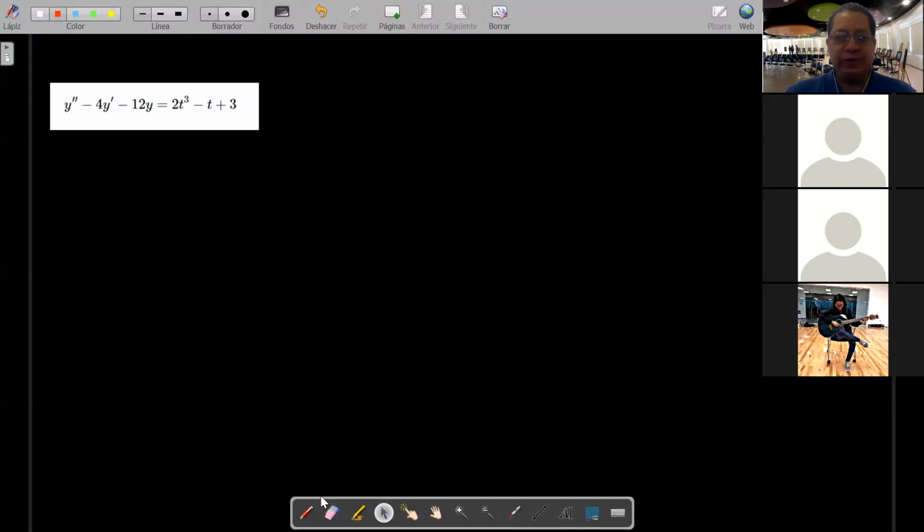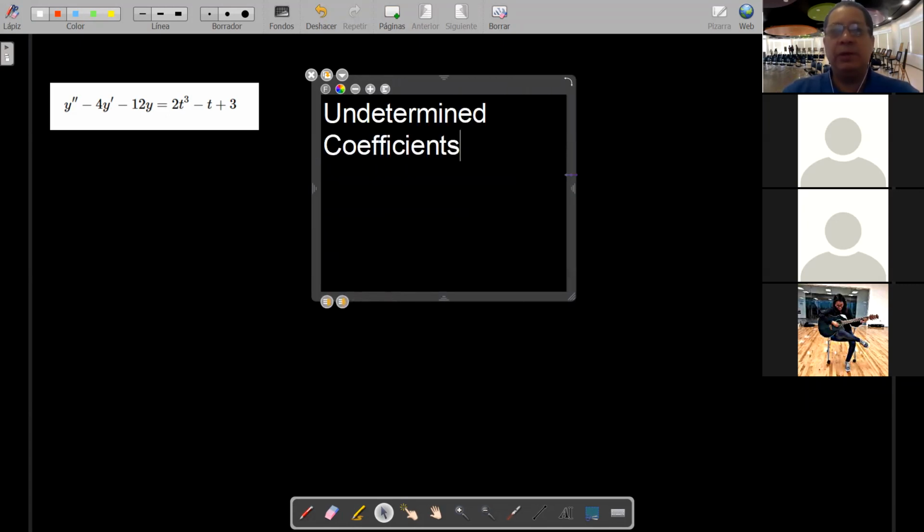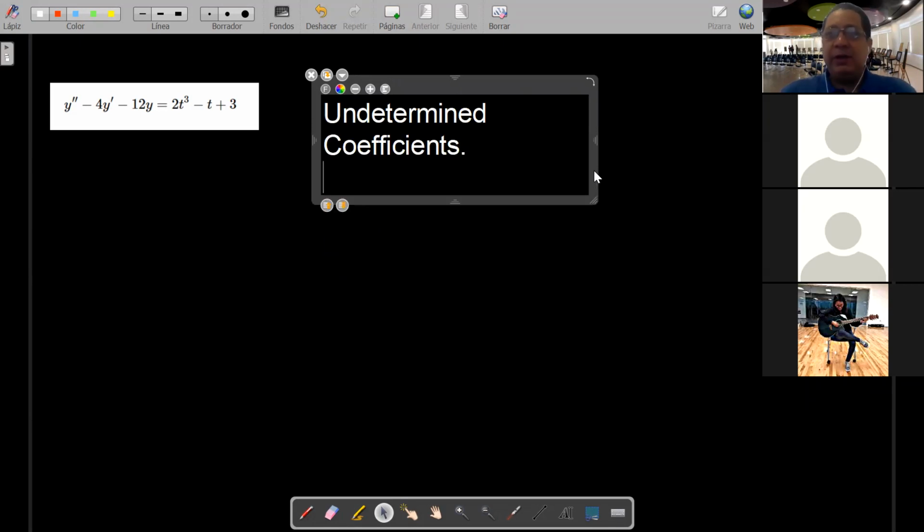So yesterday we were working with the undetermined coefficients method, and I just would like to highlight that the undetermined coefficient method. Let me write it here. This method, we will use in order to find a particular solution.